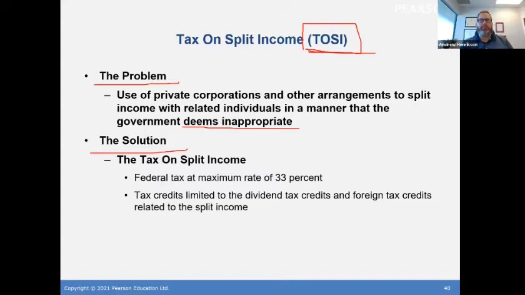We've looked in Tax 1 at our personal tax brackets, at those tax rates. We know that as you get up into the higher brackets with the marginal income, in Nova Scotia at the highest bracket, you're going to be paying 54 cents on every dollar. So there's a lot of money to be saved if you can split that income between 2 or more people.